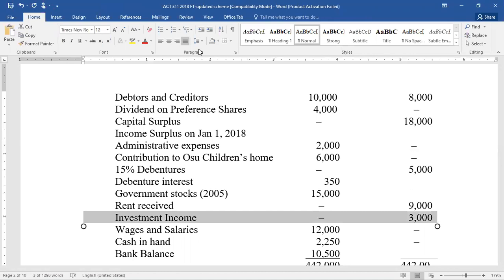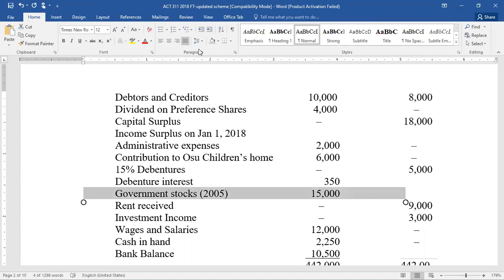So automatically there is an investment in the question. So you look for the investment, and the investment here is the government stocks. You can either see government stocks or sometimes treasury bill. If you don't see treasury bill, you will see government stocks. Then you put it over there.